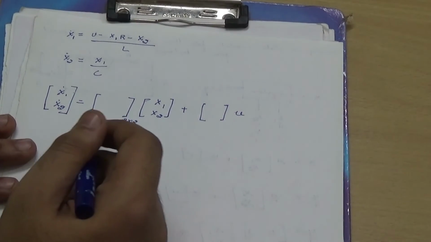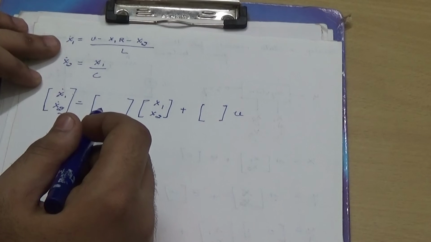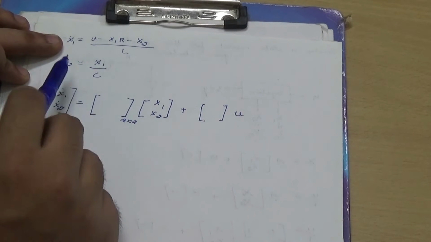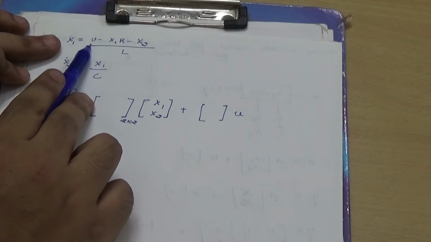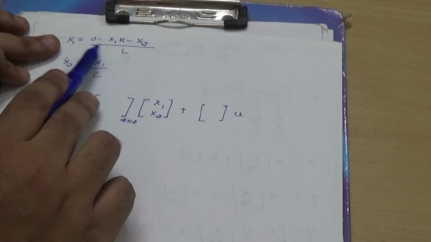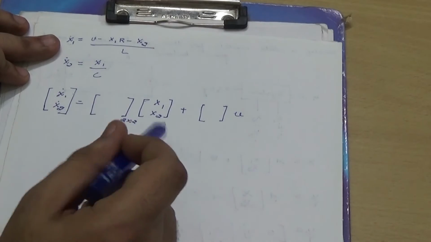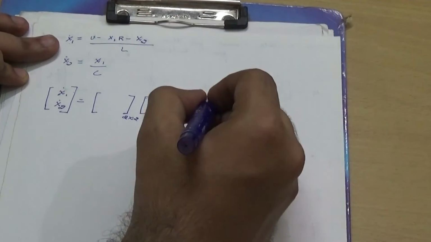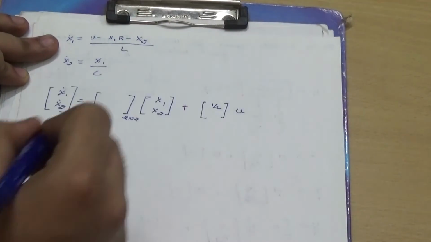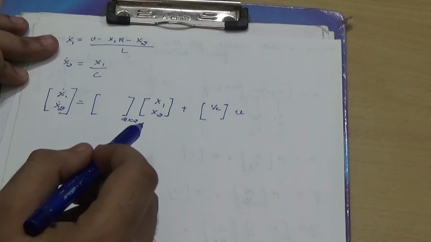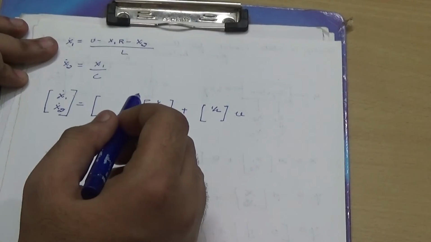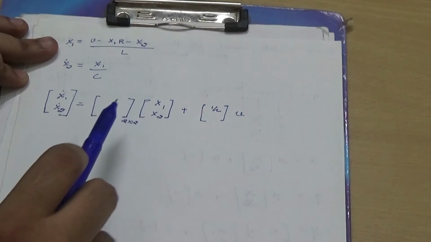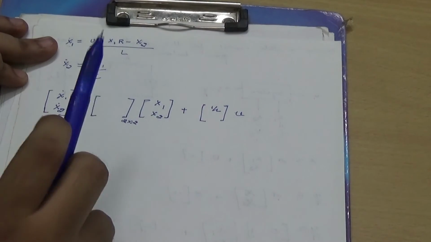Now let us find the values of the matrix. Observe that in the x1 dot expression, U has 1 by L as the coefficient, correct? So I represent 1 by L over here, so that when you multiply U and add it to the other terms, you get the x1 dot expression correctly.